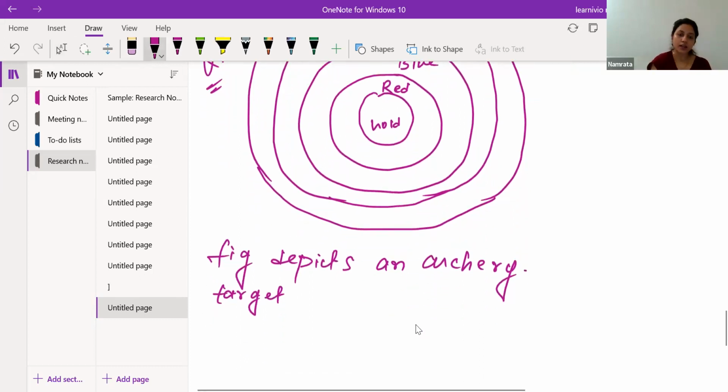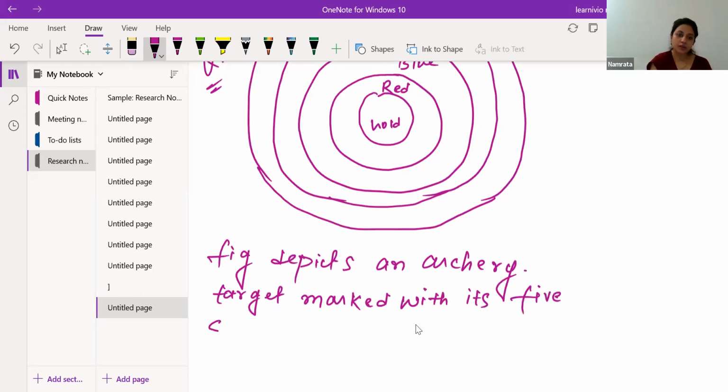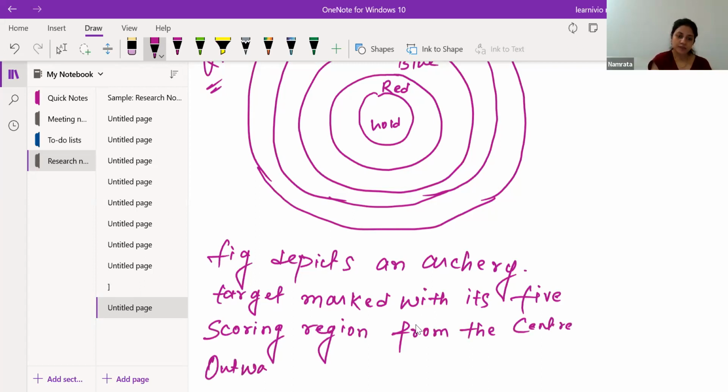It is representing the target marked with its 5 scoring regions from the center outwards: gold, red, blue, black, white.